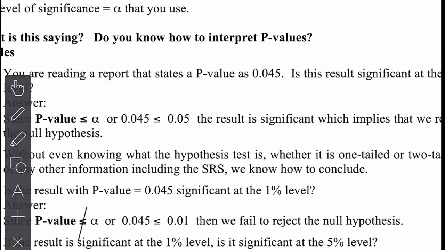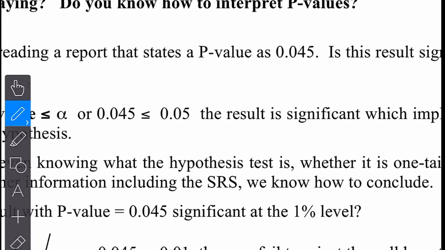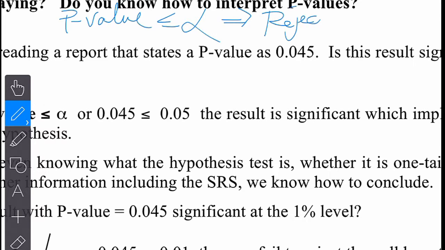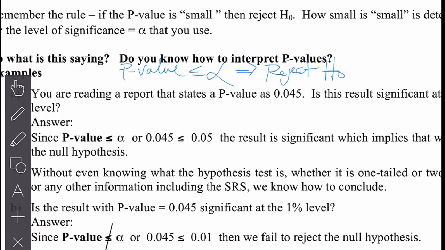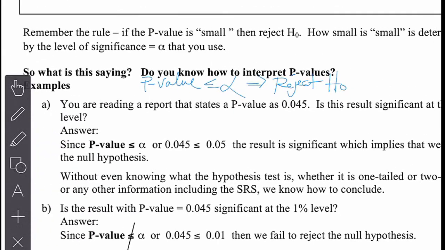we have to assess the statement. It's always the same. P-value less than or equal to alpha implies we reject the null hypothesis. So let's see. For each of these statements, without having the data, we are just assessing the results, presuming they're correct.